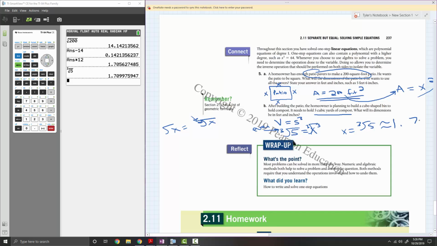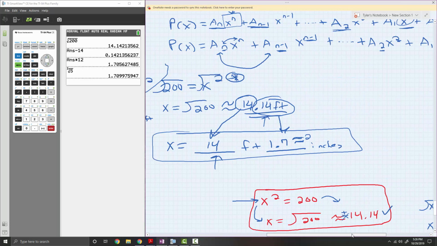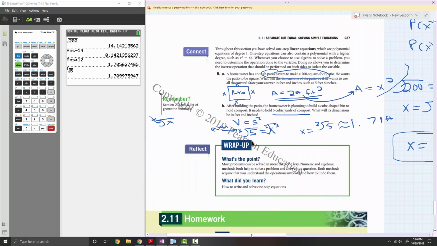That gives me approximately 1.71 feet. No, these are yards. Excuse me, the dimensions are in cubic yards, so what's left is yards. Now what we want is the dimensions in feet and inches, so I want a blank with feet and a blank with inches.